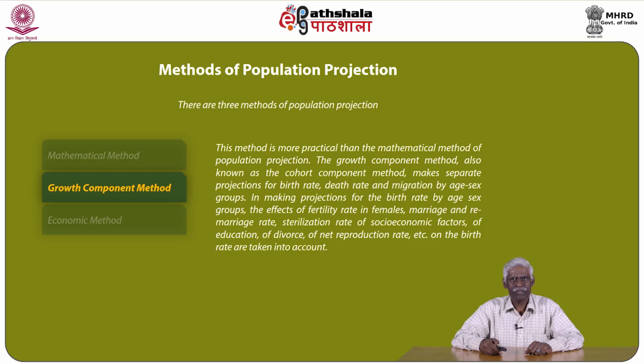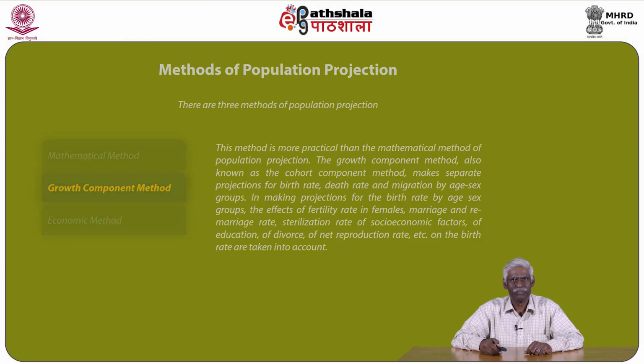In making projections for the birth rate by age and sex groups, the effects of fertility rate among females, marriage and remarriage rates, sterilization rate, socio-economic factors of education, of divorce, of net reproduction rate, etc., and their influence on the birth rate also are taken into account.